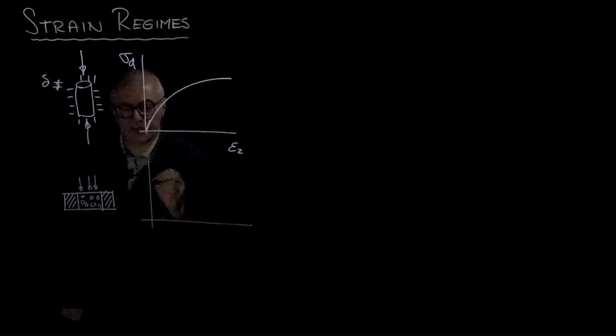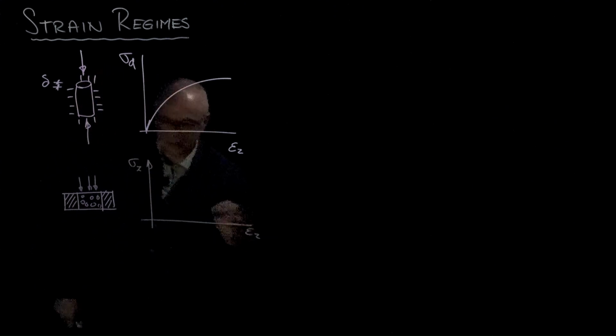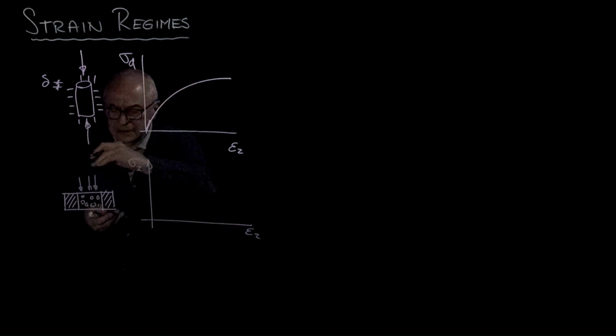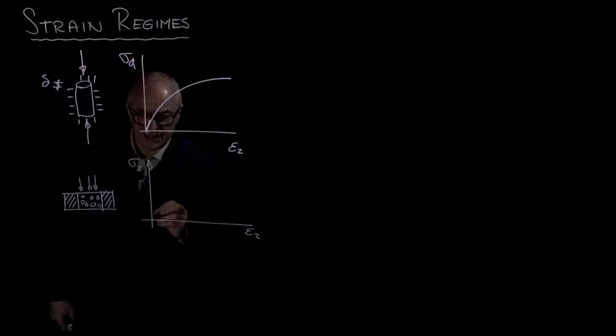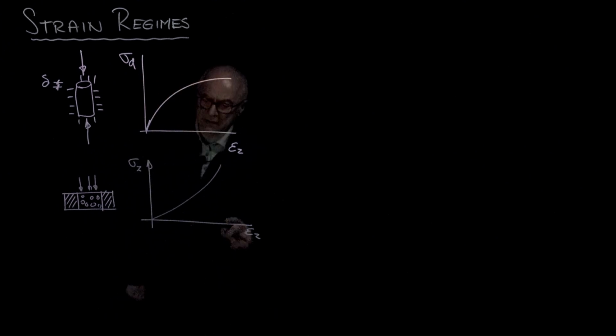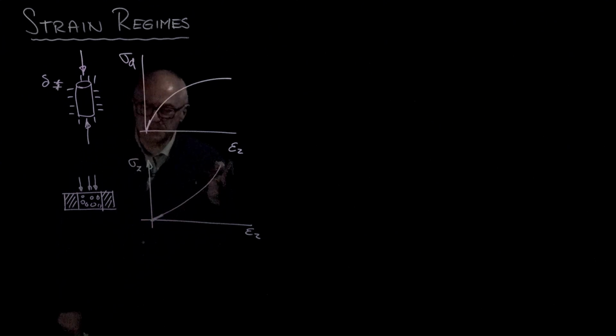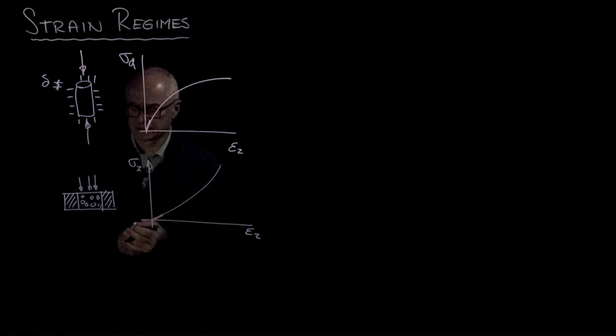Then this behavior is quite different, because the more we load, the stiffer the material becomes. It cannot deform laterally, and so it will look something like that. At the beginning, we have a small strain regime, and here we are going into a medium strain regime.